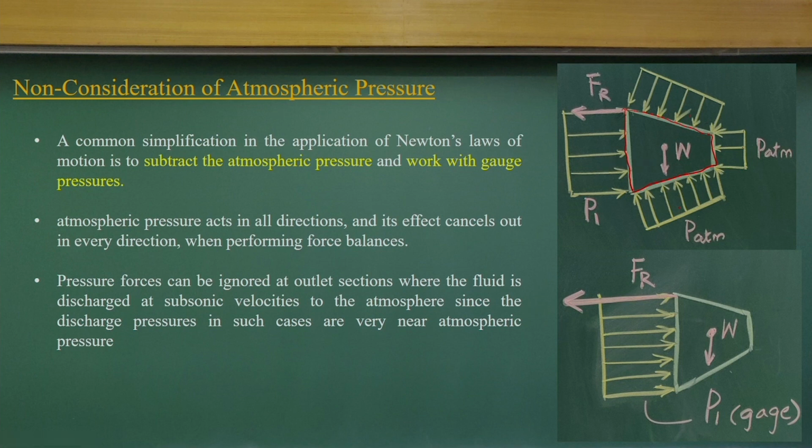For any control volume I consider, the control surface will always have a pressure equal to the atmospheric pressure. If atmospheric pressure is acting throughout the control surface, with the pressure acting in opposite directions, and I do a surface integral over it, it will cancel out and become 0.